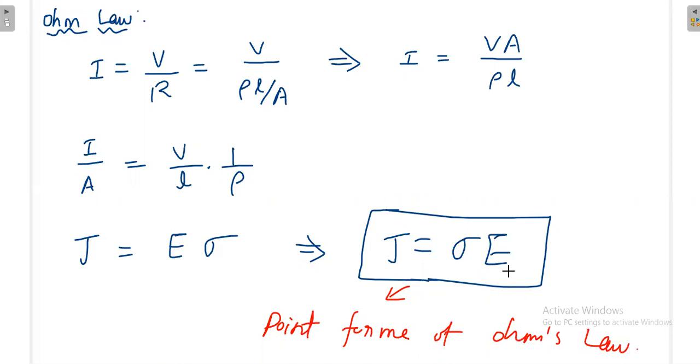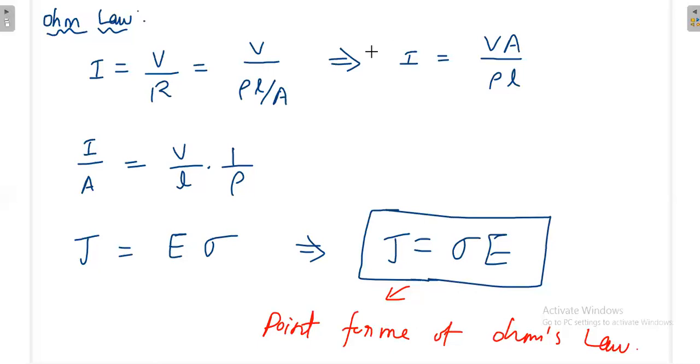What is point form in the sense: suppose you are in space, and the space has some conductivity. If you know the electric field at that point and the conductivity at that point, then at that point you can know the current density. This is the point form of Ohm's law, J is equal to sigma E.